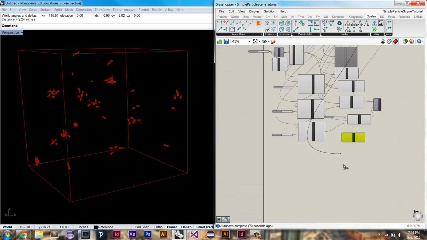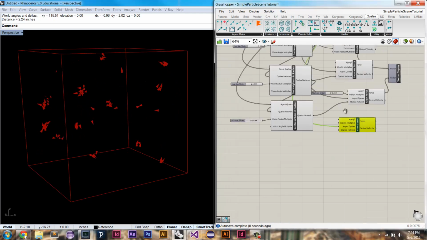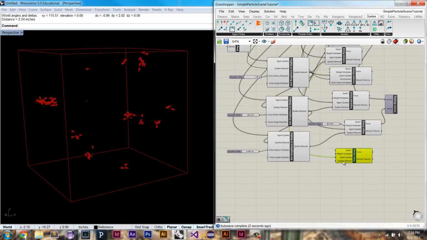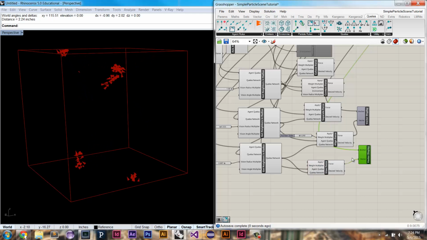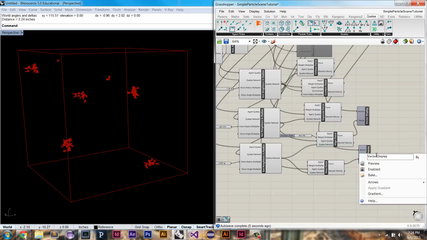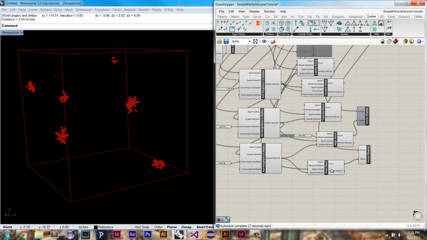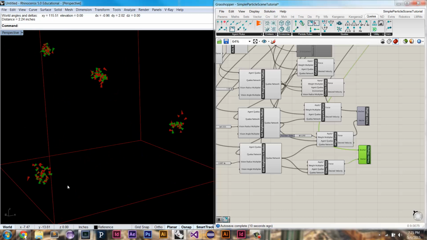So again, it takes in our Quelea, and here it takes in a Quelea network. However, if we were to use one of these, we're going to see that they kind of act really crazy. The purpose of this force is for them to steer laterally if there's someone in front of them that's blocking their view, essentially, right?